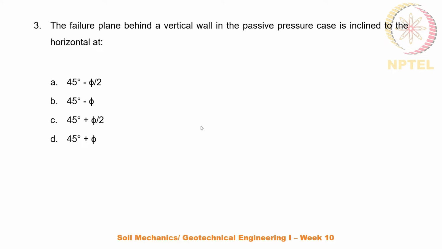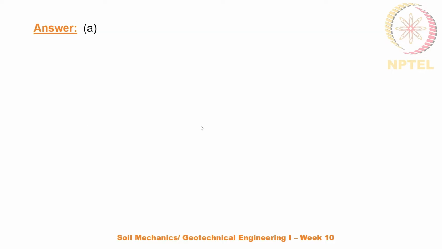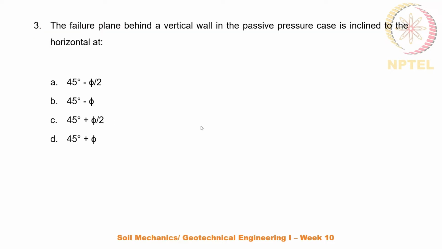Option B 45 degree minus phi. Option C 45 plus phi by 2. Option D 45 plus phi. Yes, I have the answer option C, but the correct answer is option A, that is 45 minus phi by 2. The failure plane behind the vertical wall in the passive pressure case has an angle 45 minus phi by 2 with the horizontal.